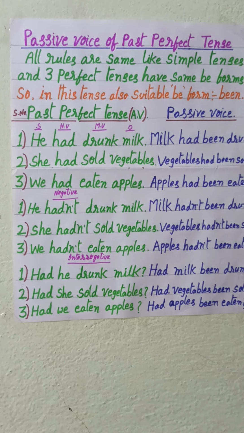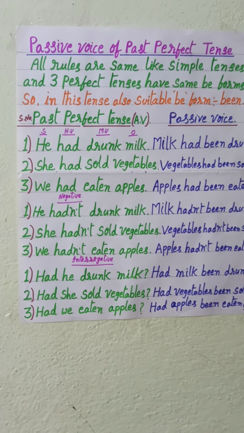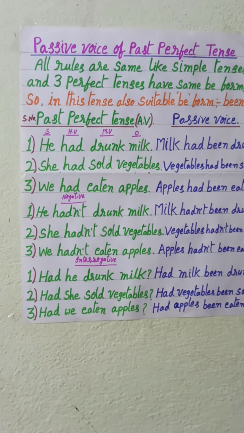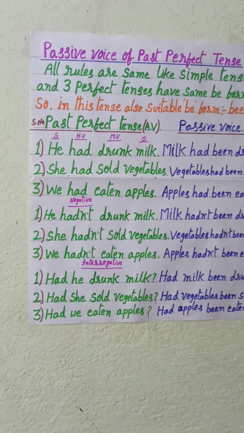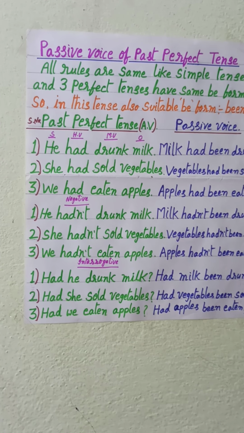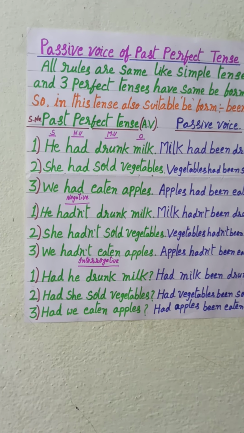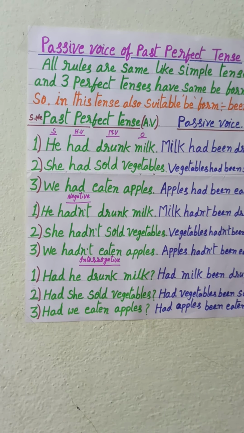These all are positive sentences. If we want to change negative sentence, we will write not after helping verb in the active voice and passive voice.